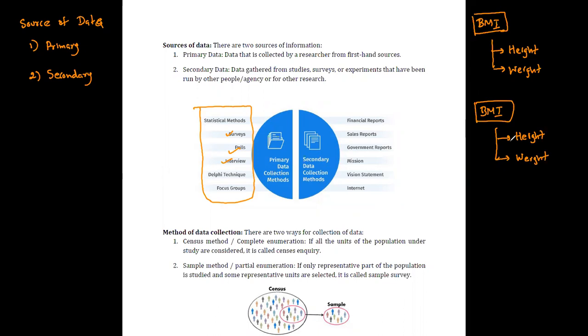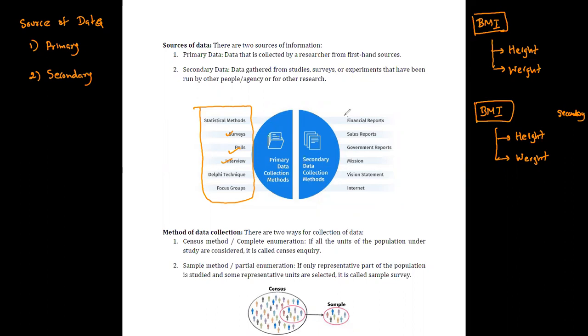So if you can access the medical center, then you can collect the data from them. In such a situation, we can say this is secondary data, because these data have not actually been collected for the purpose of calculating BMI. They have collected these data for other purposes, but you have accessed it for another study. Therefore, such data can be considered as secondary data.